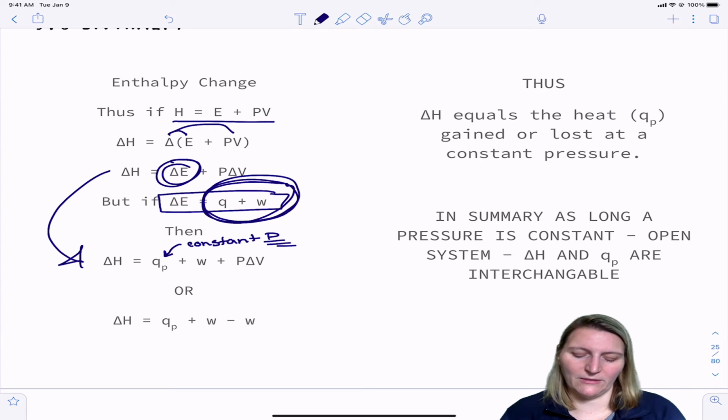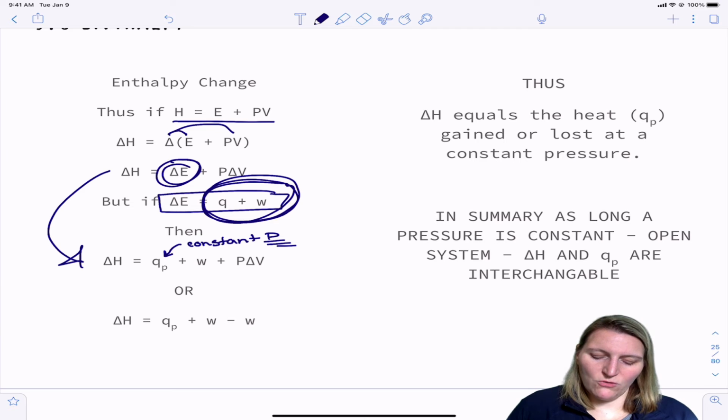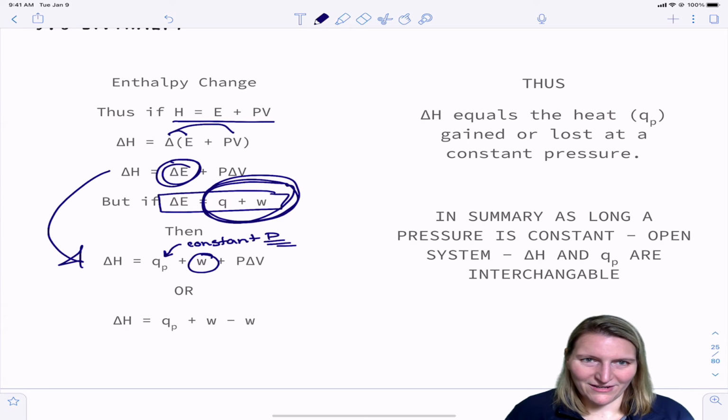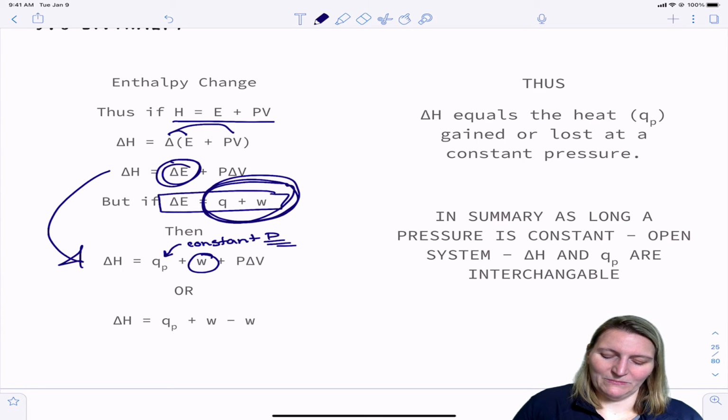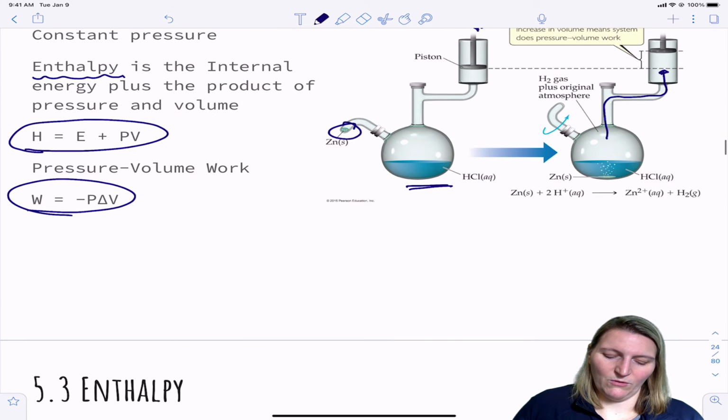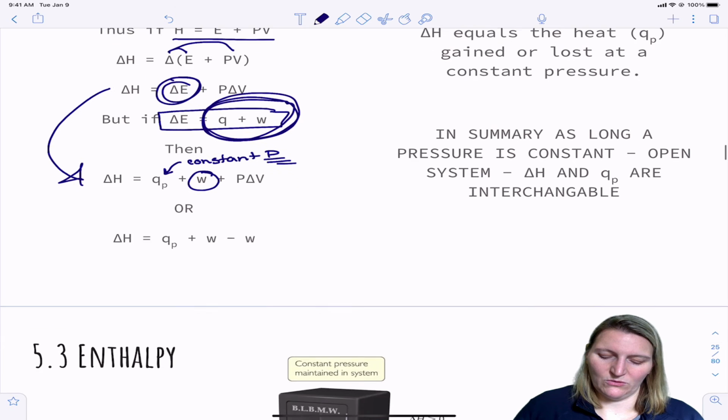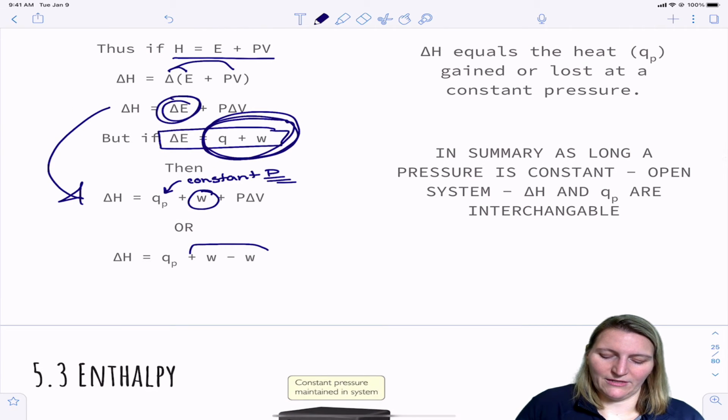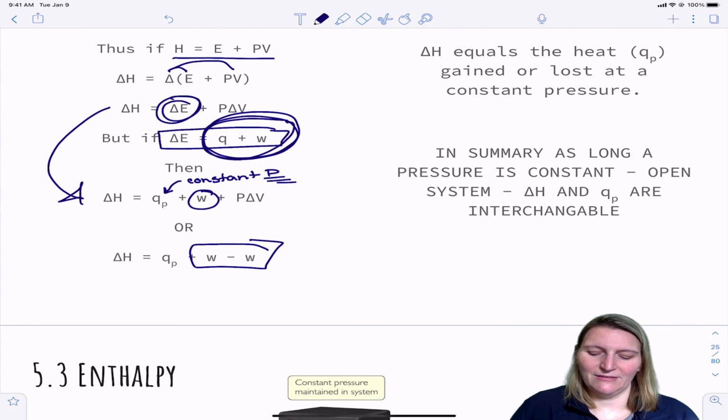So delta H equals Q, which is that energy in the form of heat, plus W plus P delta V. But didn't we say that work was negative P delta V? So isn't that really going to be canceling those two out?